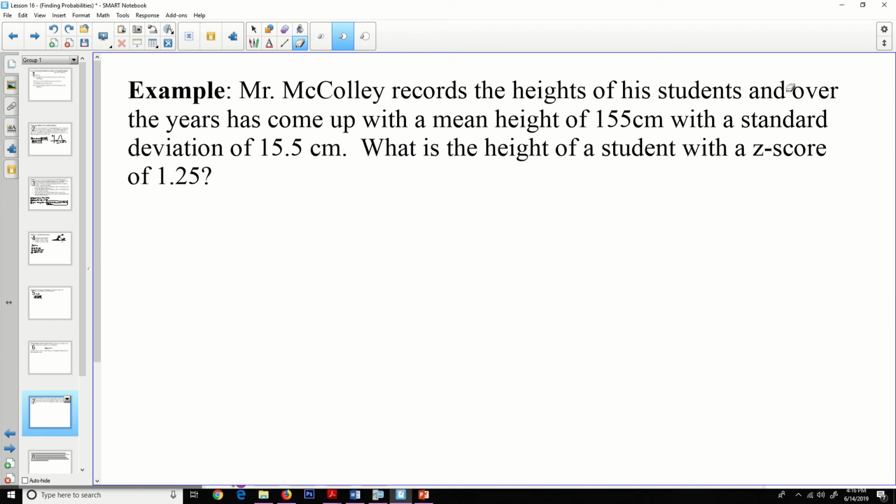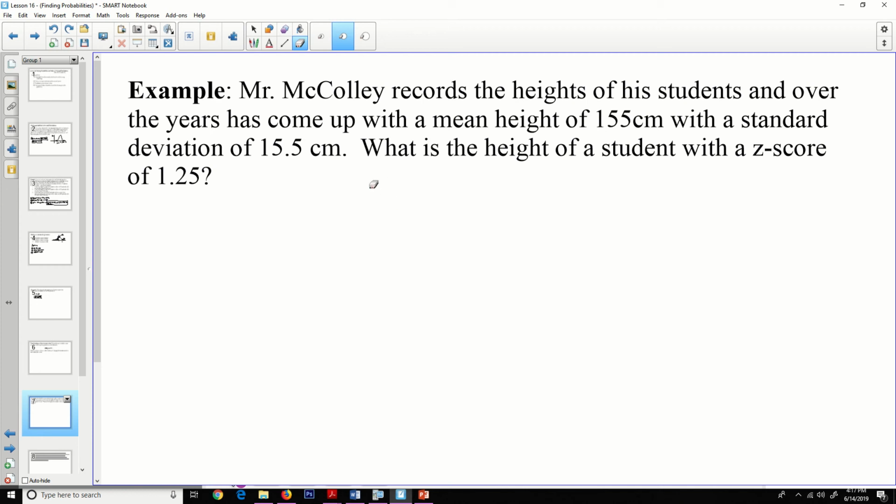Mr. McColley records the heights of his students over the years and comes up with a mean height of 155 centimeters with a standard deviation of 15.5 centimeters. What is the height of a student with a z-score of 1.25?